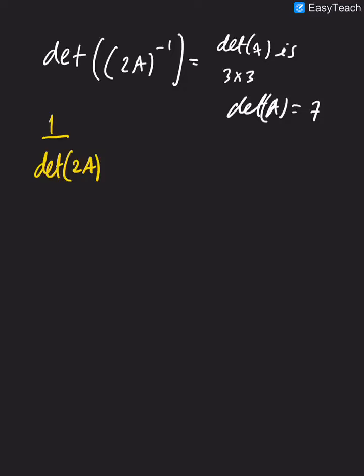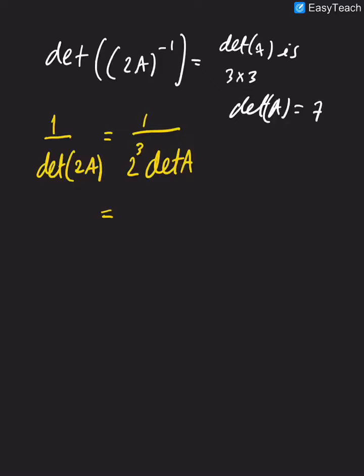Now we don't know the determinant of 2A, but what we do know is the determinant of A. So we would have to pull out that constant. So how do we pull it out? We pull out that k to the n, and the n in this case is 3 still. Determinant of A. Awesome.